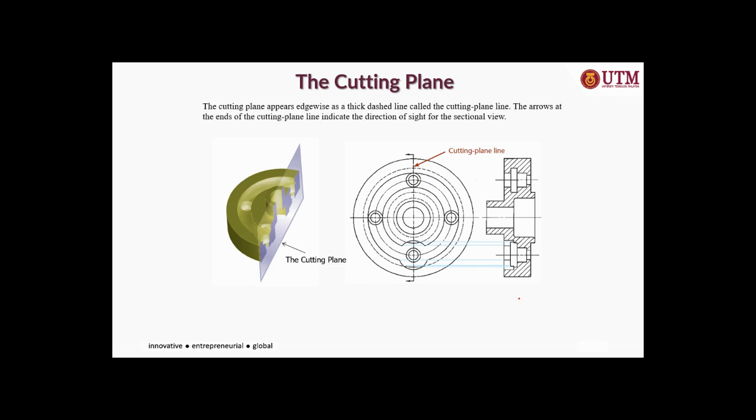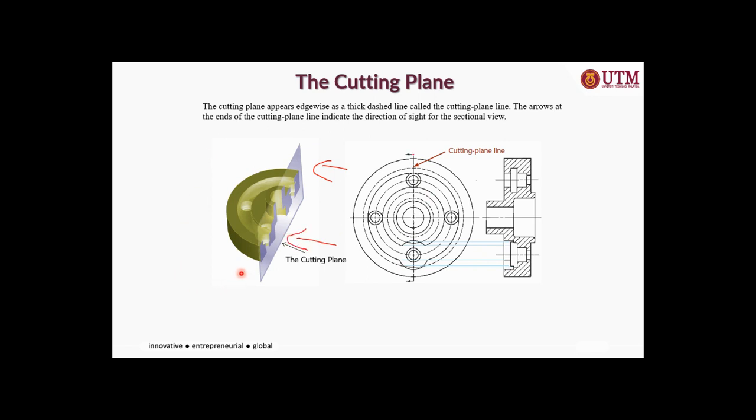So the cutting plane is important, that we see where the cutting plane and the arrow are. If we have this piece of equipment, and we cut it using a knife, the direction that we want to view the cutting from is this way.